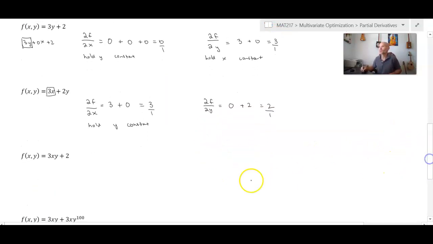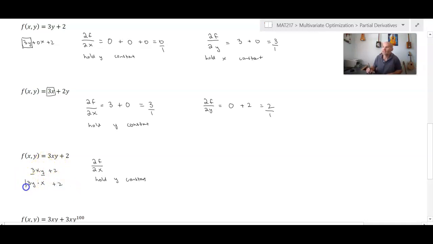Now what happens if we start to have functions that have interactions between x and y like this one? Well, I'm going to go through a similar process here. When I write df dx and I hold y constant, I see that in this equation 3xy plus 2, 3 and y are both being held constant. So let me pull those out and rearrange the order of multiplication.